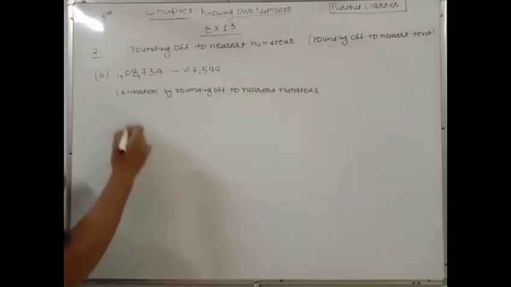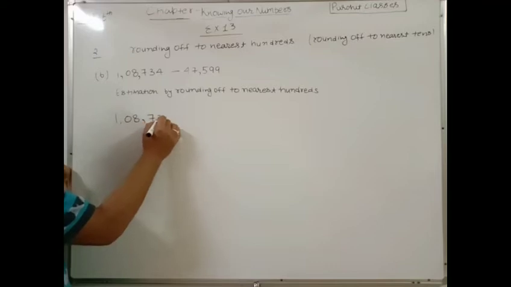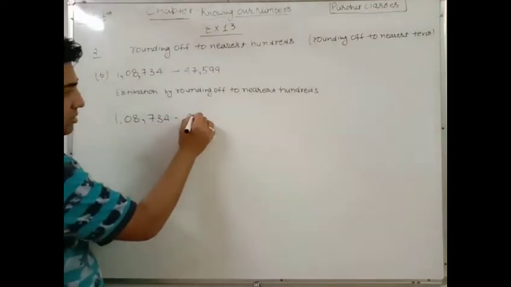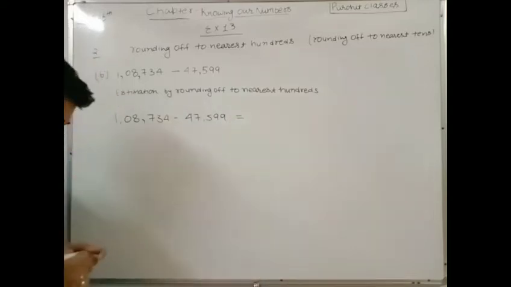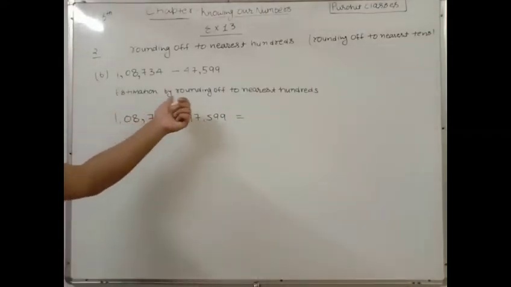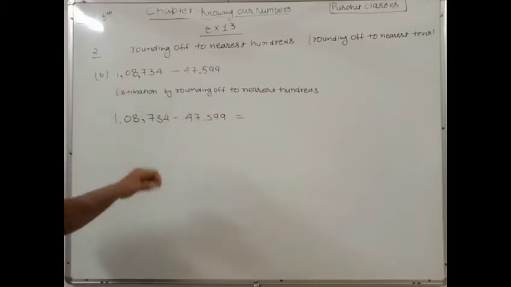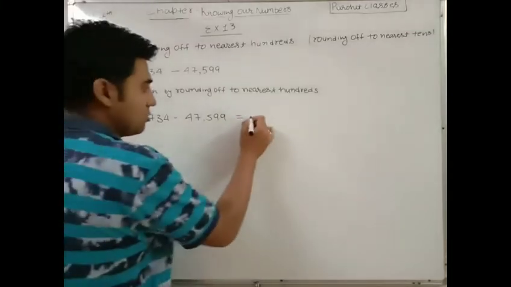So let's see. First, whatever is given we will note it down: minus 47,599 is equal to. Now it's time to do estimation by rounding off to nearest 100.